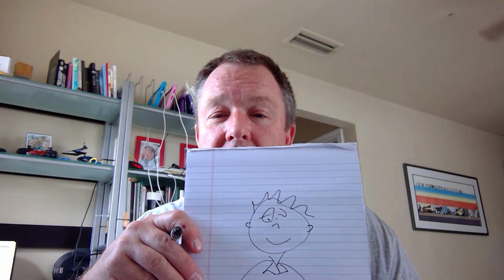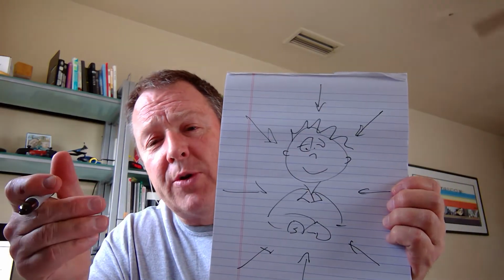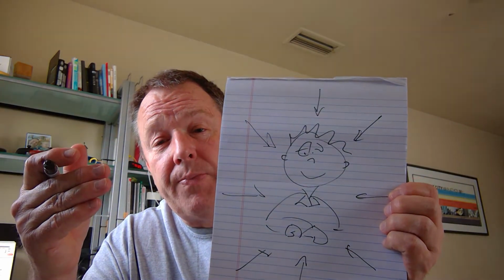What the Cubist artists try to do is reflect all the different perspectives from the side, from the top, from the bottom, all at once.